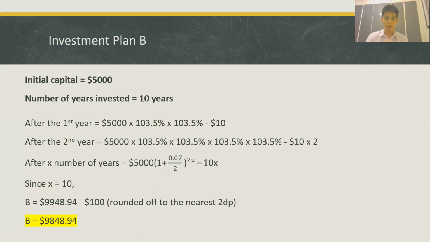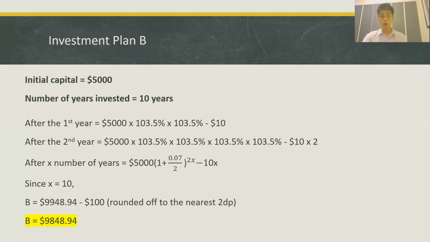So it will be $5,000 times 103.5% times 103.5% times 103.5% times 103.5% minus $10 times 2. The reason why the administrative fee is doubled is because now the initial capital has been left in this investment plan for not 1 year but 2 years.